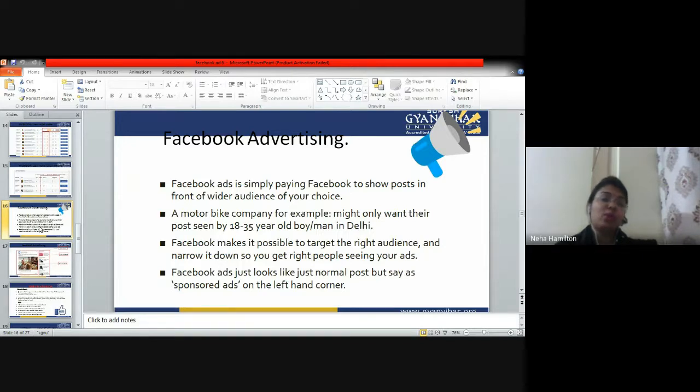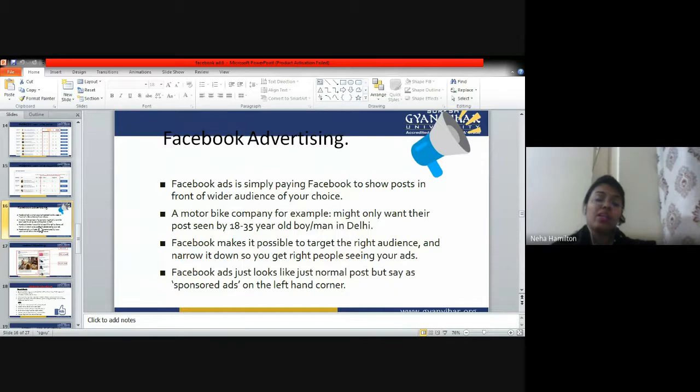So the most beneficial thing about Facebook is that you can choose on which people's wall you want this advertisement to appear. You can easily choose that, the age group, the age criteria. If you are showing a motorbike ad to a 10-year-old, he has no benefit from that bike ad. If you are showing a motorbike ad to a 70-year-old person, he is not someone who is riding a bike now.